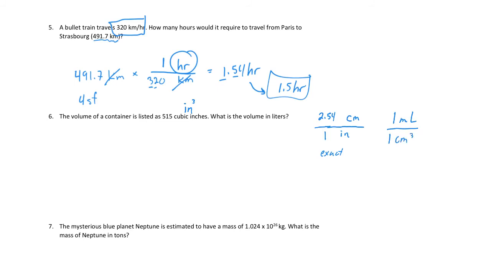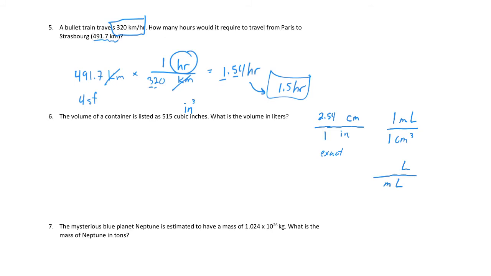And then there's even another conversion factor, but this last one is actually one we know in our heads. This is a metric system conversion, which expresses liters in terms of milliliters.